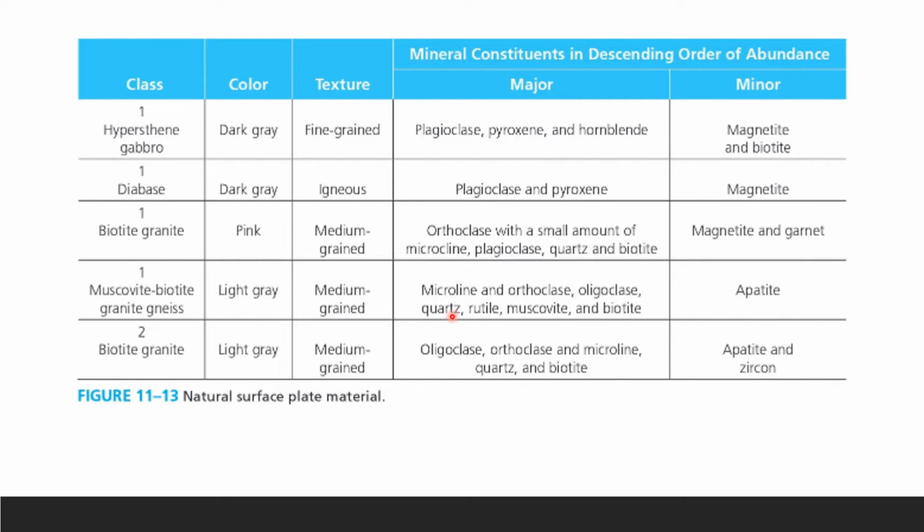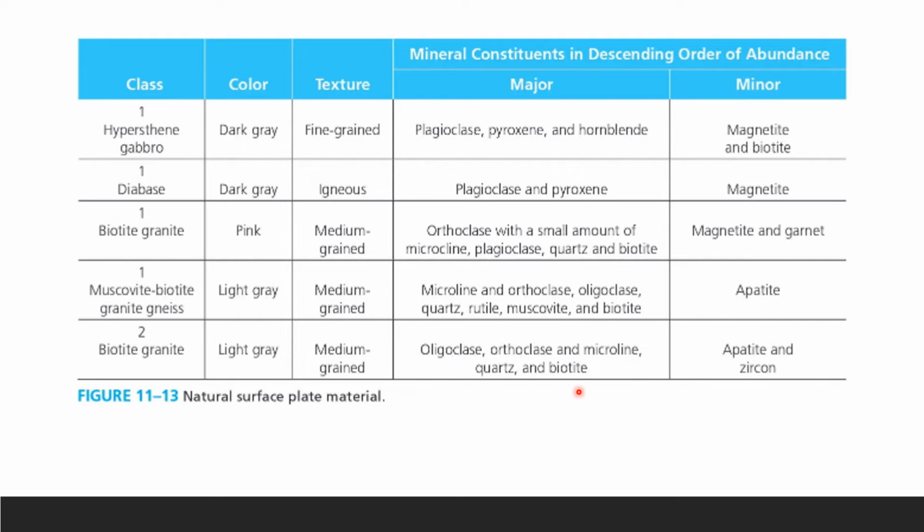So this table is just showing you the natural surface plate materials, with mineral constituents in descending order of abundance. You can see right here, one, and then two. You don't really have to remember this table. If you read it one time, that should be alright.